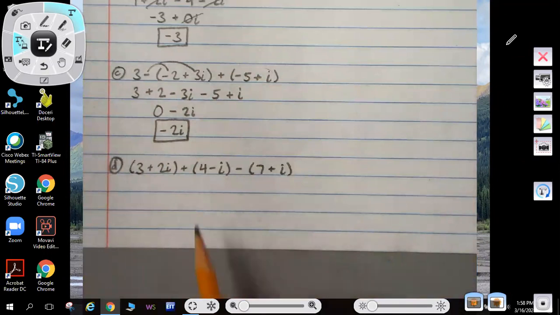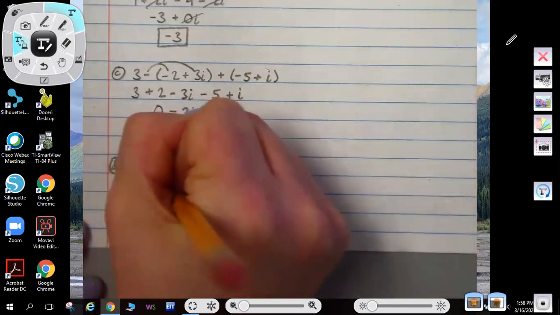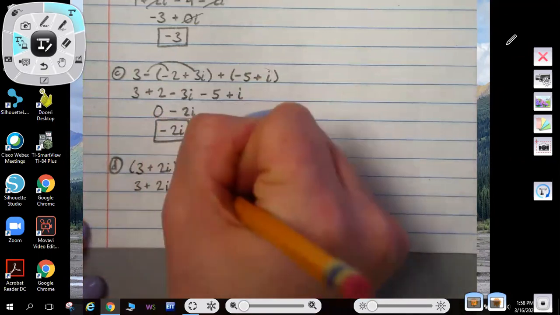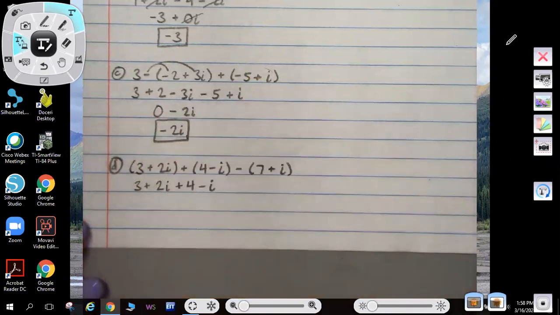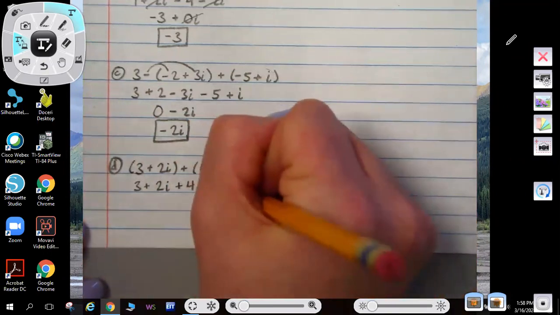Okay, let's get rid of the parentheses. This first complex number, nothing's changing. We still have 3 plus 2i. Same with the second one, plus 4 minus i. But then we need to distribute this negative so that we get minus 7 minus i.